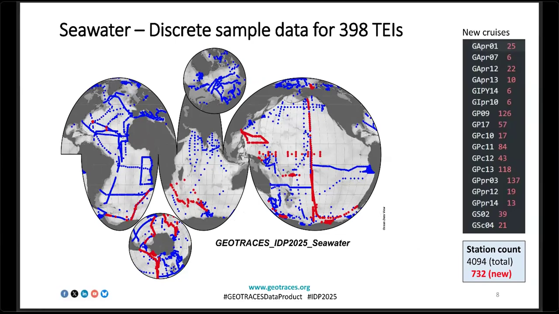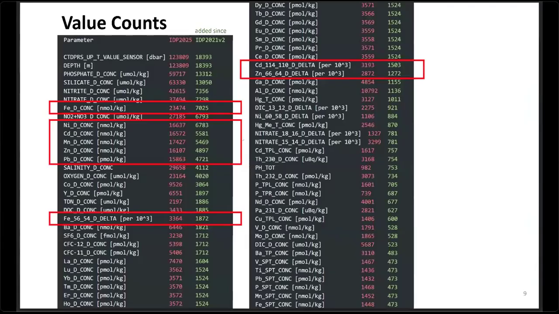In addition to the completely new stations from the new cruises, more TEI data have been added to existing stations, basically in all basins. And this table, which you are not expected to read in detail, has a sorted list of parameters with the number of values added since the last IDP here in green on the right.